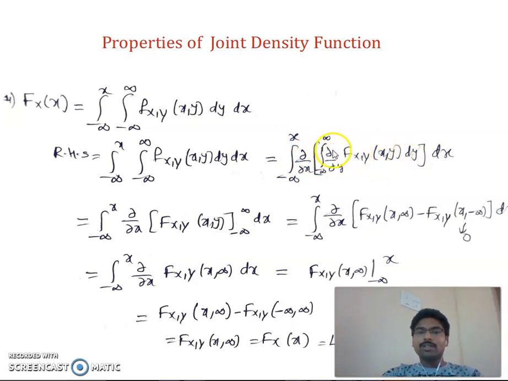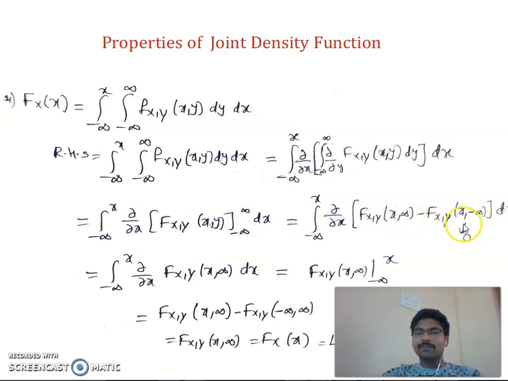We are doing the integration with respect to dy, so integration and derivative get cancelled. So we have to substitute the limits infinity and minus infinity in place of y: here in place of y I am substituting infinity, and here minus infinity.